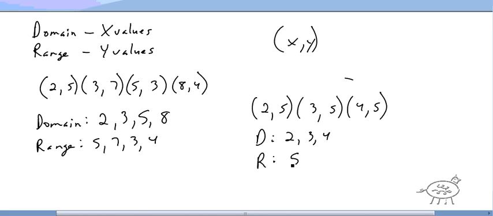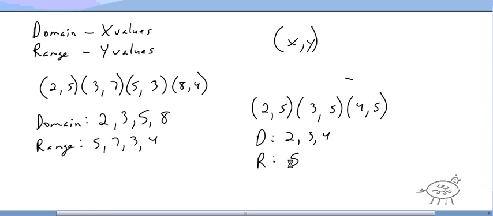It's just like if I said, how many people have a name of Joe, and somebody says, well, I have a name Joe, and then another person says, I have a name Joe. I just want to know the number of people. It doesn't really matter that there are that many. If I listed all the names on the board, I'm not going to write Joe, Joe, Joe, Joe, Joe. I'm just going to list Joe one time. Okay, so that's domain and range.